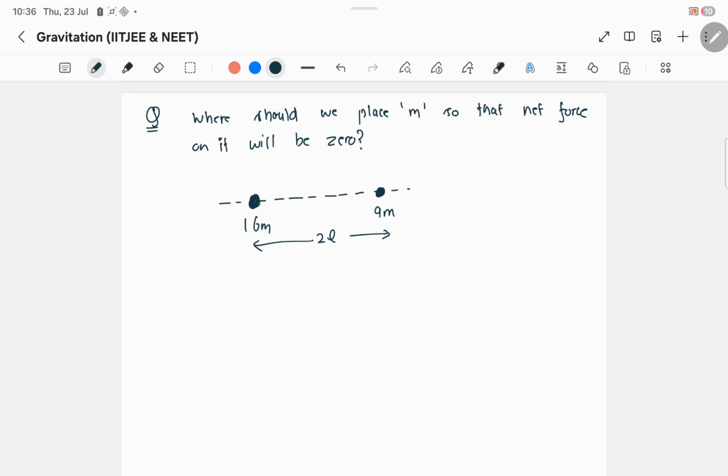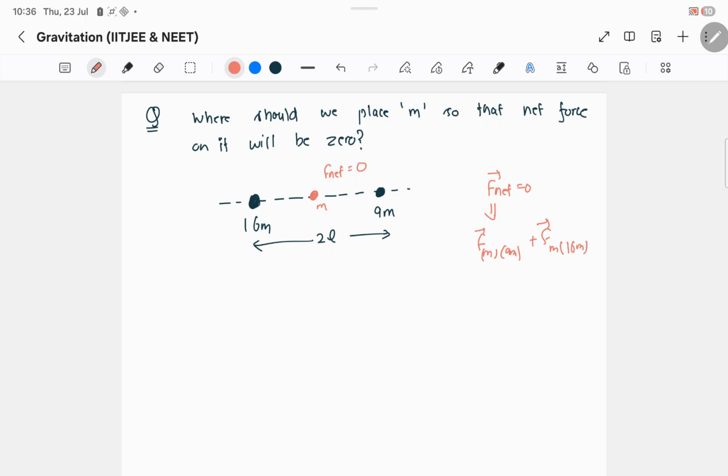Now another question is given like this: two masses 16m and 9m are kept at 2l distance, and we have to keep m in between them such that the total F net on this m will be 0. Means F net is 0, and you know how F net will be: F on m by 9m plus F on m by 16m.